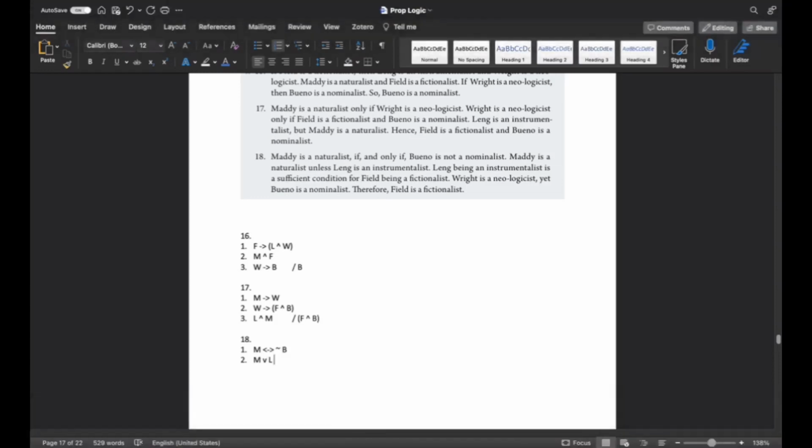You can replace an implication with a disjunction. It seems to be an exclusive disjunction. You don't have to worry about that for now. Just use inclusive for now.